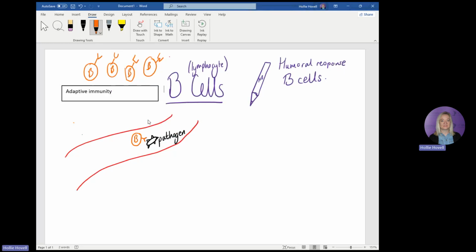antigen will bind. So remember that the orange bit there is called a receptor, and that little black bit sticking out from the pathogen that it's complementary to is an antigen.